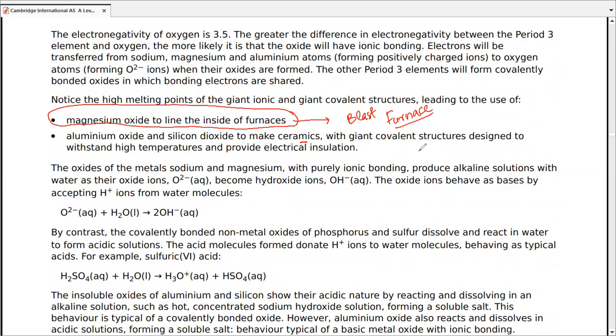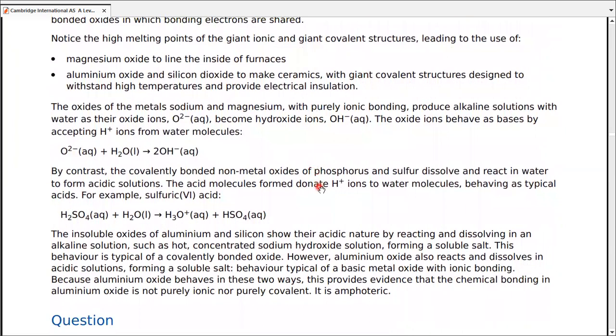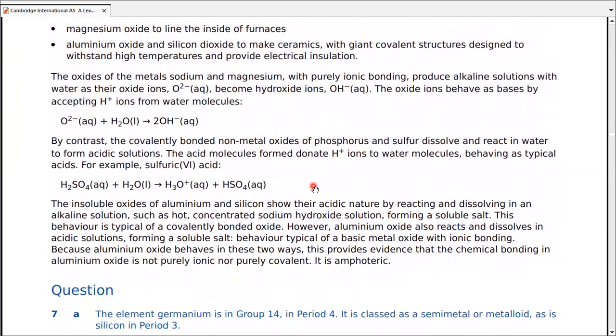So that's the purpose we use it for. Some ceramic parts for pylons are also used in high power or high voltage overhead cables. We have also studied it back in IGCSE, so just note this information down because it has been previously considered in IGCSE.